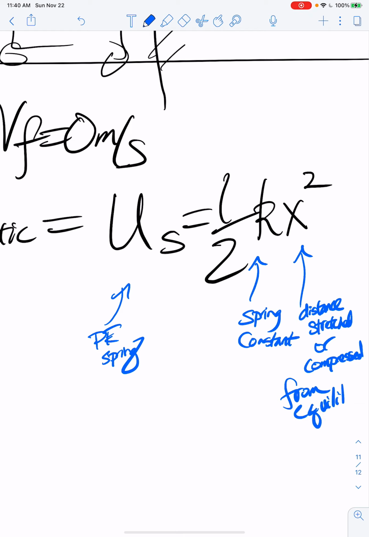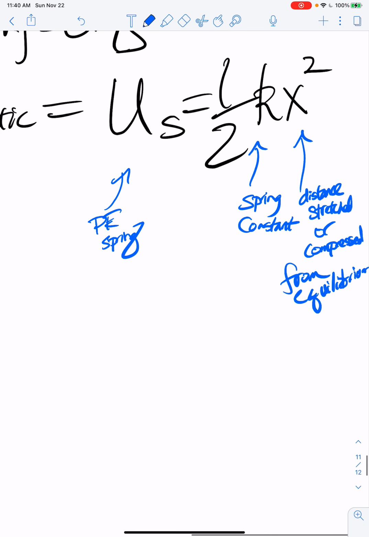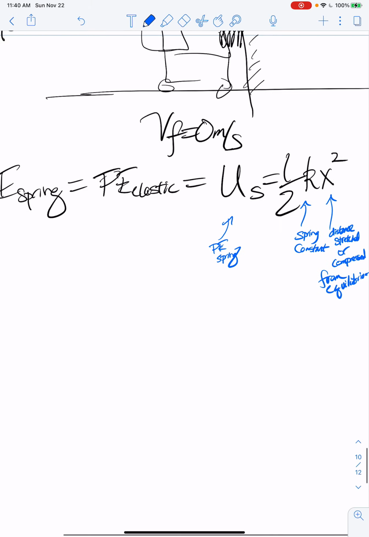Oh, that's hard to read. I'm sorry. So this is not the total length of the spring, right? This is how much it's changed. This is delta x. But once again, we're not going to put a sign on it from equilibrium. And it doesn't matter, we're just getting squared anyways. But you get the idea. All right, so let's go ahead and solve this.